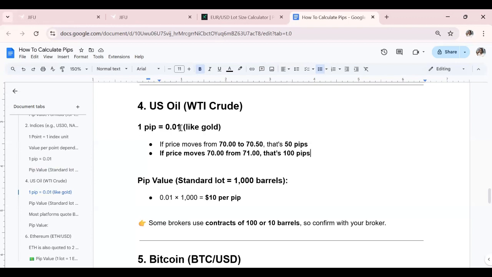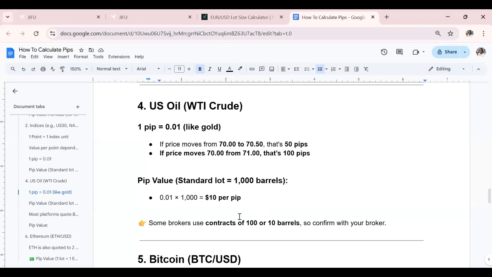You take how 1 pip is represented, 0.01, and you multiply it by 1,000 barrels. So that will be $10 per pip.